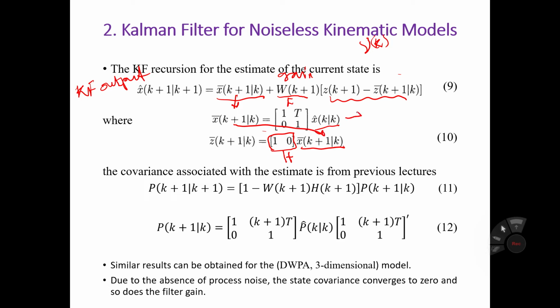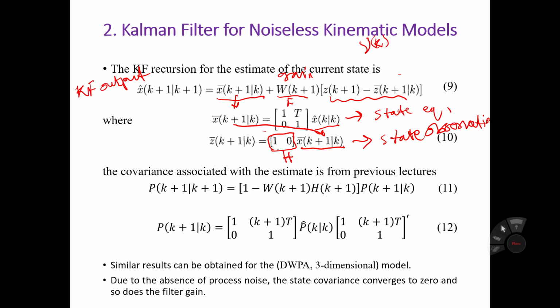This is a state equation, and this is the state observation. The state observation is obtained by using h, which is also a 2 by 4 matrix, where one is the identity matrix and 0 is a zeros matrix.